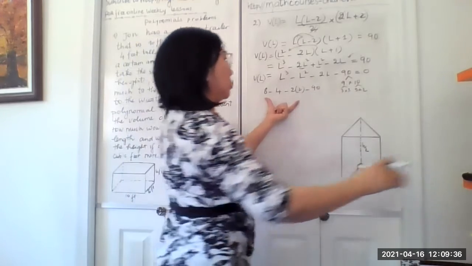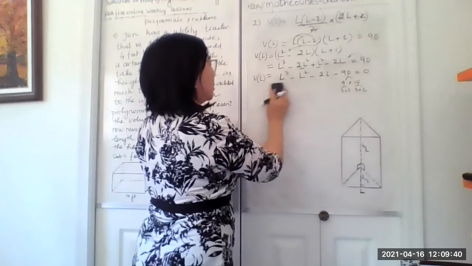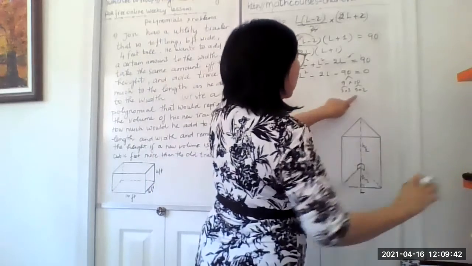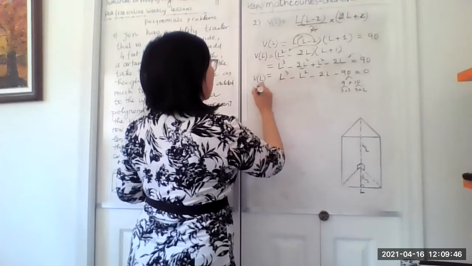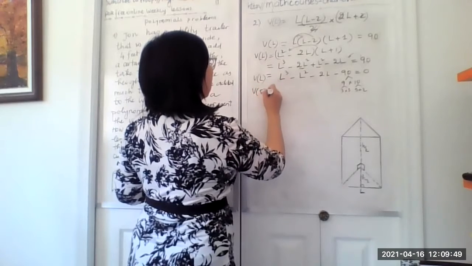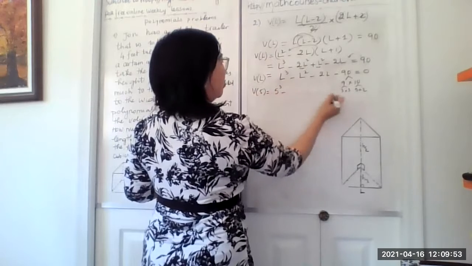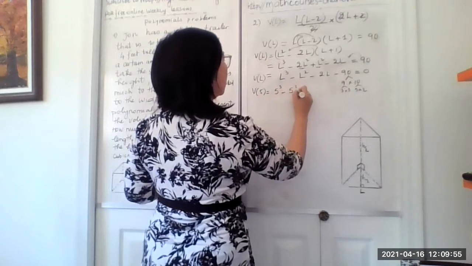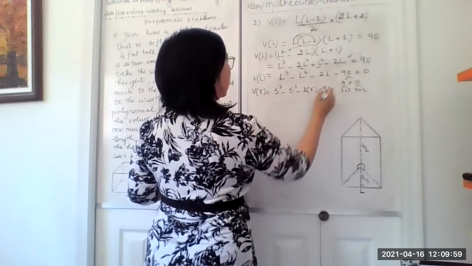So I know that I have to change it, right? So let's say if I choose 5, V(5) will be equal to what? 5 to the power 3 minus 5 to the power 2 minus 2 times 5 minus 90.